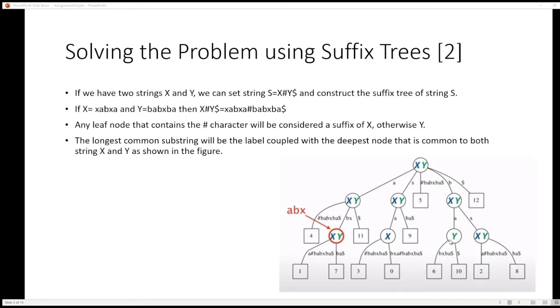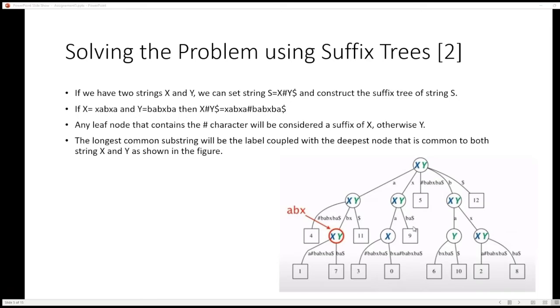What we do next is we find the deepest node corresponding to both x and y. By deepest node we mean the one that contains the longest sequence of characters. So when we find the deepest node labeled as xy, that will correspond to the longest common substring.